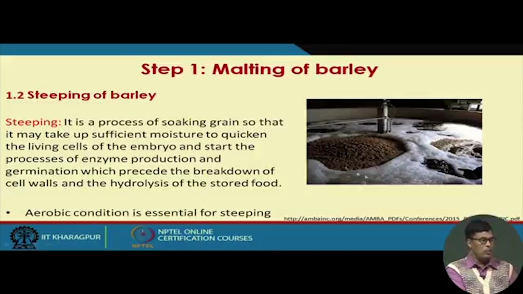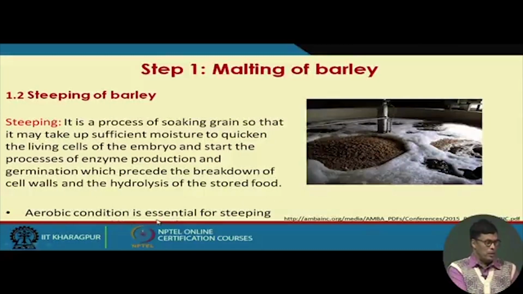Now the steeping process looks like this. You soak the grains in water. You can see how it is there. It is a process of soaking barley grains so that they take up sufficient moisture to quicken the living cells of the embryo and start the process of enzyme production and germination, which precedes the breakdown of the cell wall and hydrolysis of the stored food.